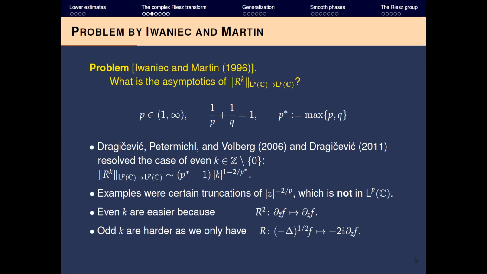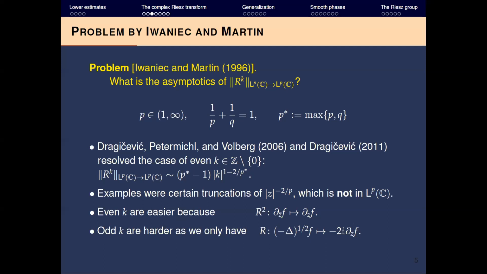And Dragičević also commented on that a bit further. He has a very concrete lower bound for the even powers. It turns out that in order to prove this lower bound, they only needed to consider certain truncations of this very special function, right?